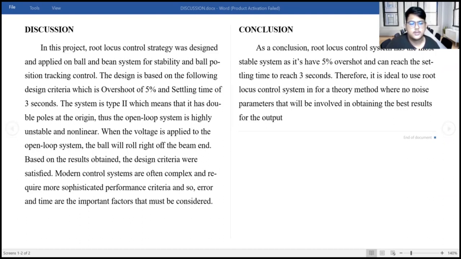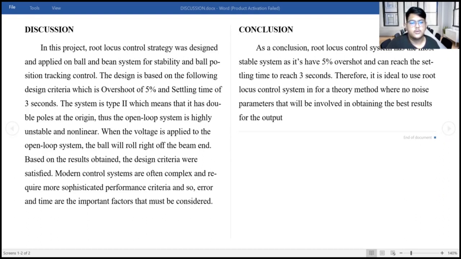The system is type 2, which means that it has double poles at the origin. Thus, the open loop system is highly unstable and nonlinear. When the voltage is applied to the open loop system, the ball will roll right off the beam end. Based on the results obtained, the design criteria was satisfied.